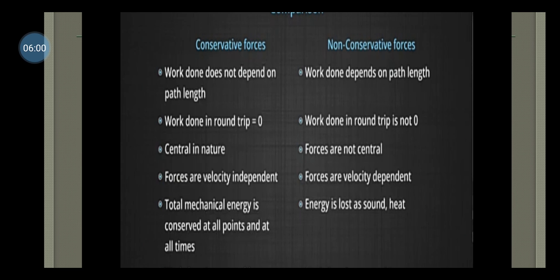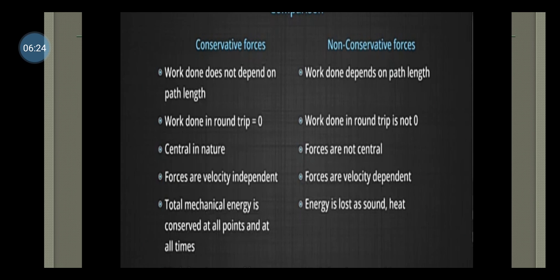Second difference, work done along a closed path or round trip is equal to 0 in conservative force. Work done is not equal to 0 along a closed path or in a round trip in case of non-conservative force.